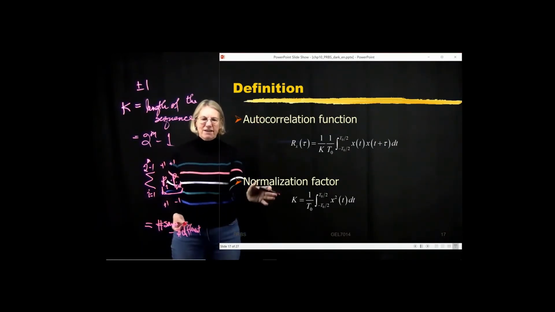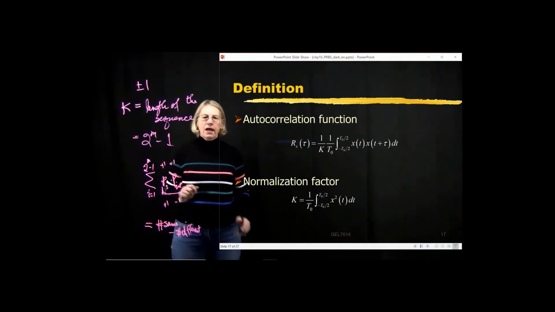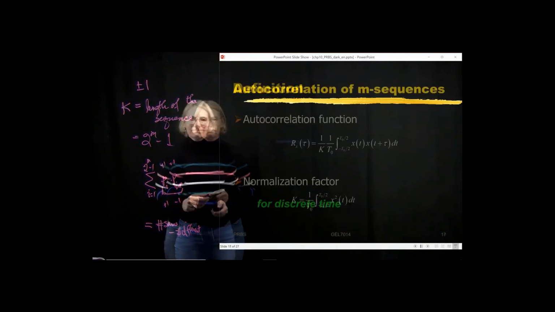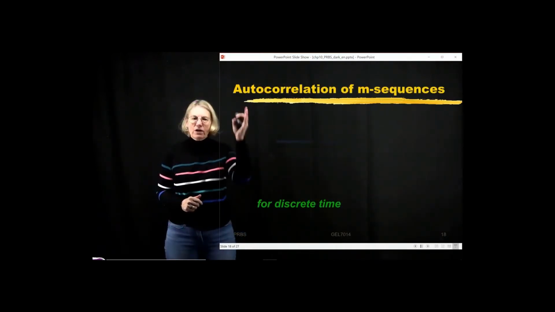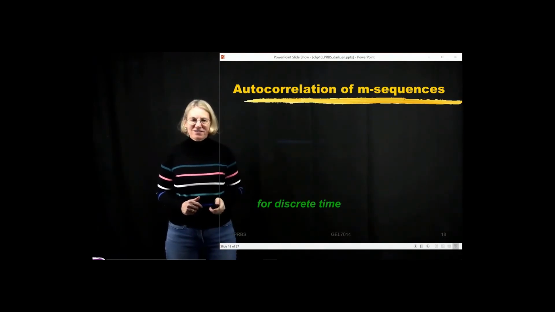So now I'm going to take this definition and use this normalization factor, and I want to calculate what the autocorrelation function looks like for this maximal length sequence, this pseudo-noise sequence. So we'll be looking at the autocorrelation of M sequences, but for the discrete time case.